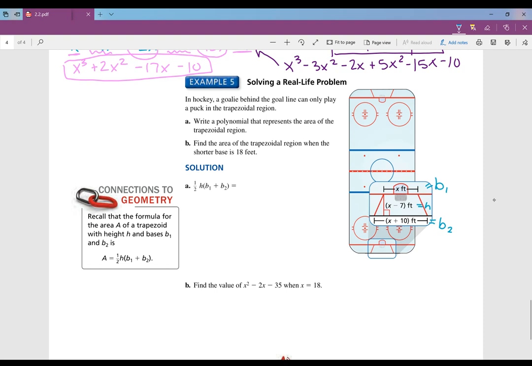So if we were to plug all this in, we have 1/2. And then our height is x minus 7, right here. And then b1, we have x, and our b2 is x plus 10. So we're doing b1 plus b2. So we have x plus 10.